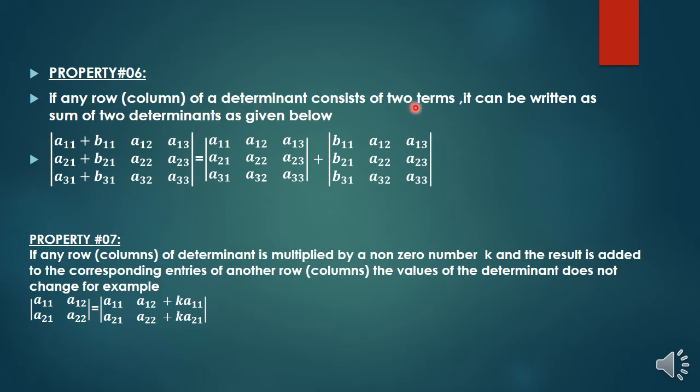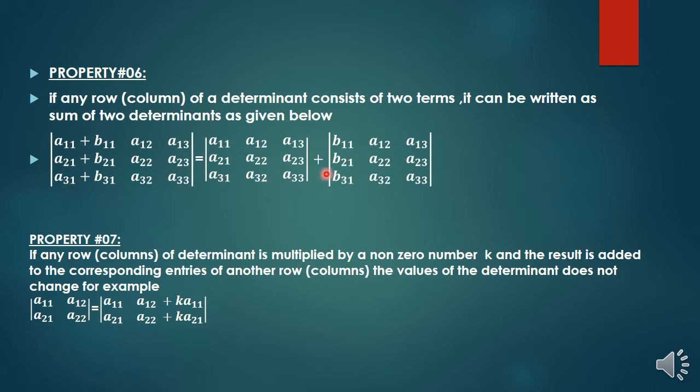Student, property number 6. Property number 6 is: if any row or column of a determinant consists of two terms, it can be written as a sum of determinants. So here is the example. We have a matrix. Here we have a sum of two terms. So we split into two determinants like this. Column 2 and column 3 remain the same, but we split the first column into two parts.